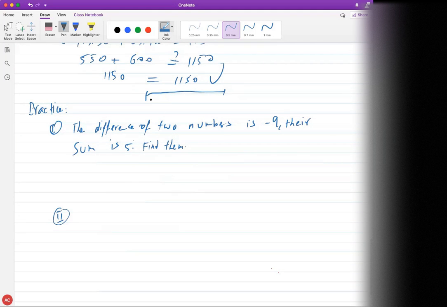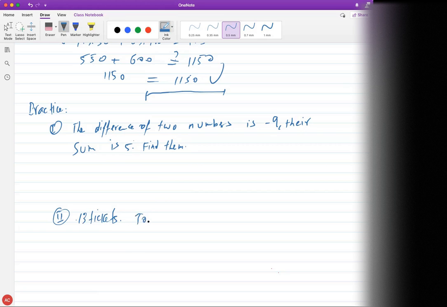let's use pretty much the same concept of the tickets. So let's say we have 13 tickets. Total of 13 tickets.